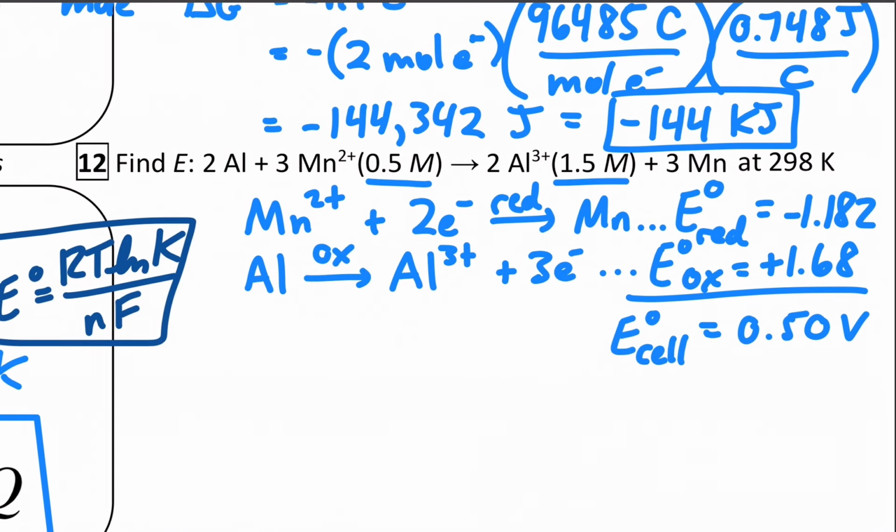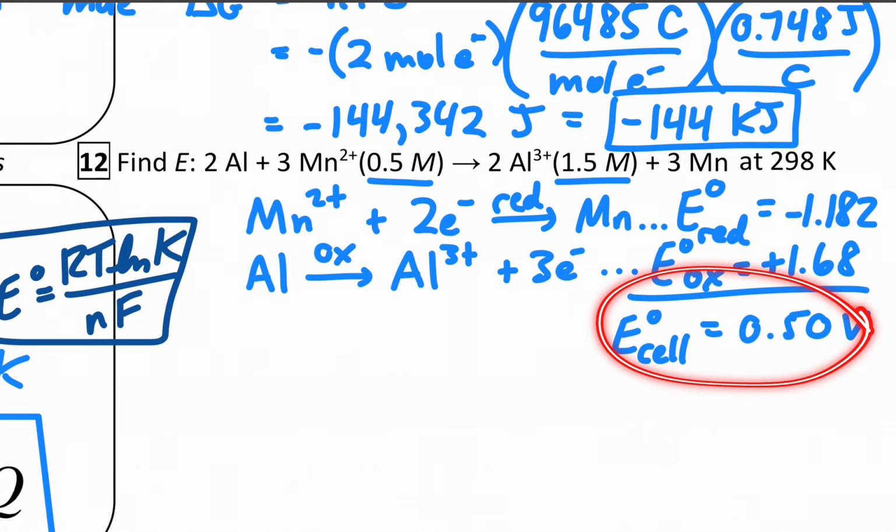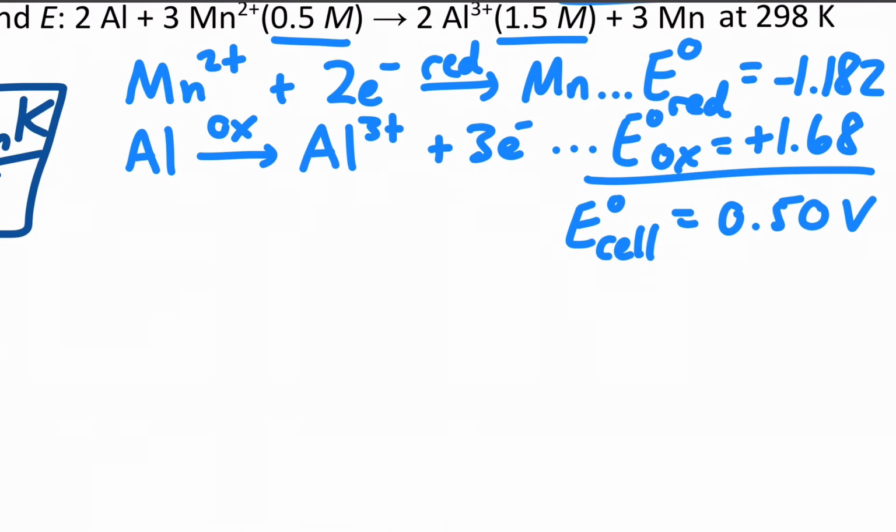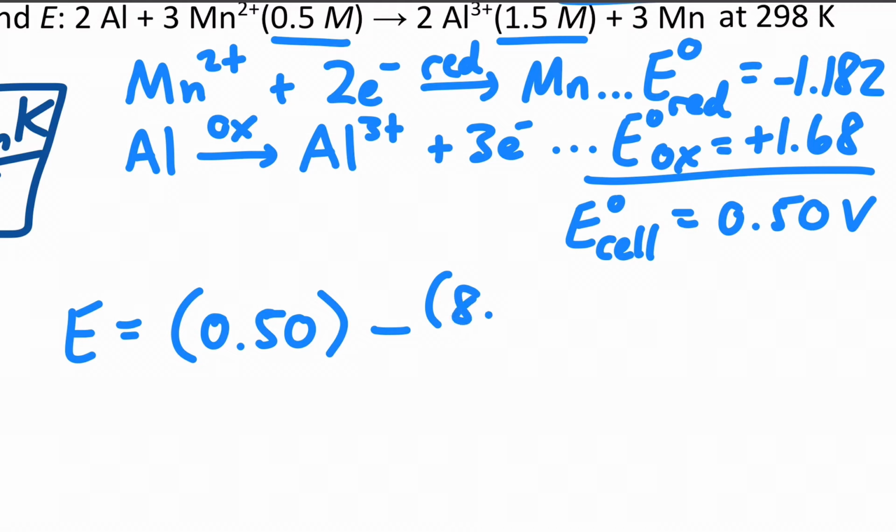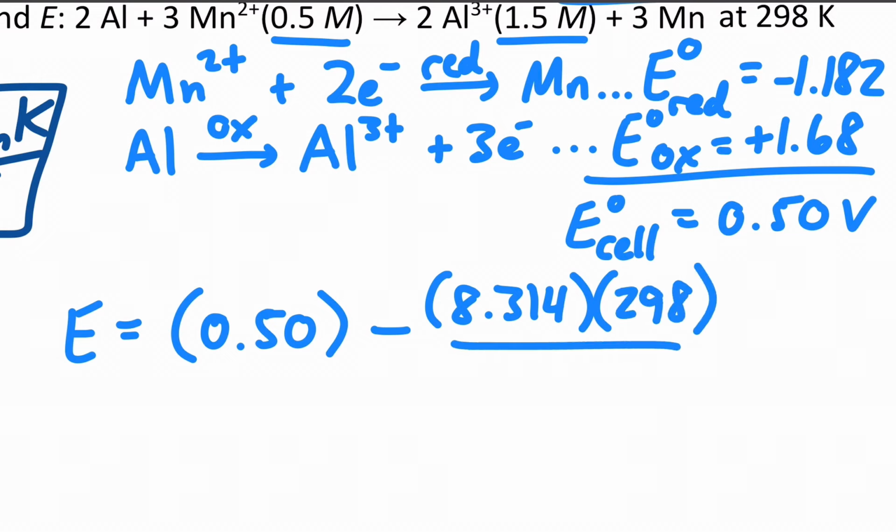Why did I do that? Well, I need that in order to get the non-standard potential. So the non-standard potential E is equal to the standard potential, 0.50 minus R, 8.314 joule per mole Kelvin, T, 298, all over N times F. What's N?